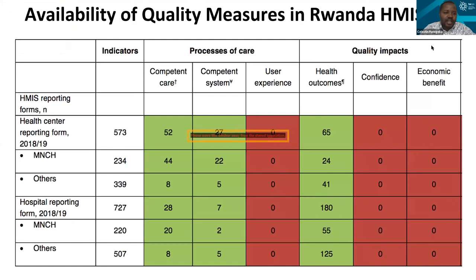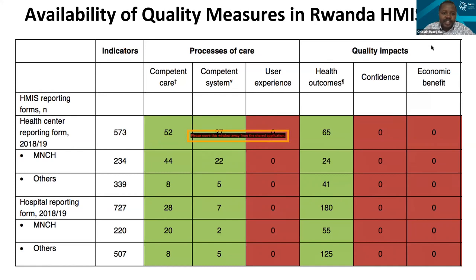What did we find? We found that the reporting healthcare systems in Rwanda, at the health center level, capture over 500 indicators, whereas at the hospital level, over 700 indicators are captured. Overall, about 30% of indicators collected are process of care or quality impact indicators.